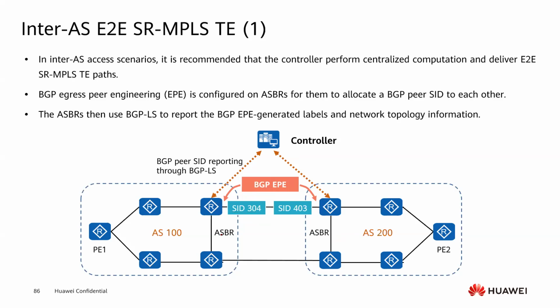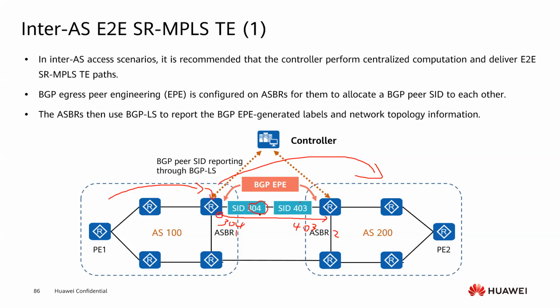For example, ASBR1 and ASBR2 are establishing a neighbor relationship, and ASBR1 will assign this neighbor relationship the SID 304, and ASBR2 will also assign one, if the traffic wants to be sent to ASBR1, the number is 403. So, for example, if traffic comes in and wants to be sent to AS200, it should add the SID 304.